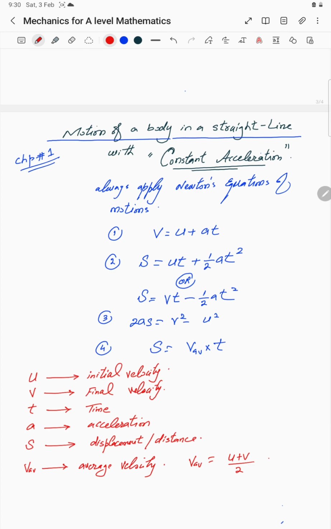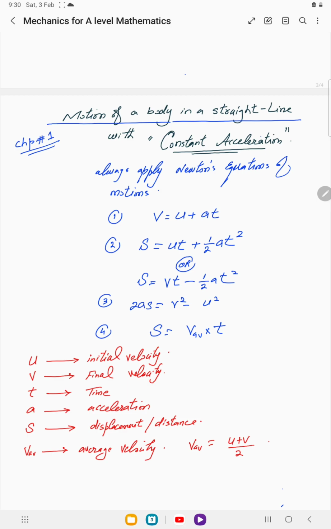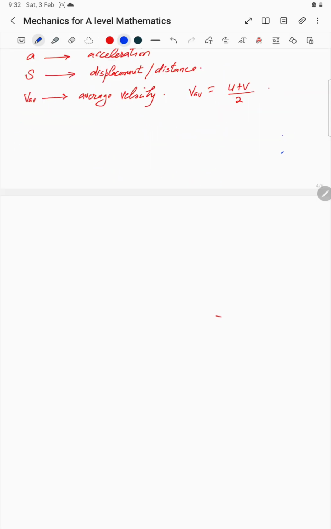One more thing I would like to share with you: vector quantities can be negative, but scalar or non-directional quantities cannot be negative.